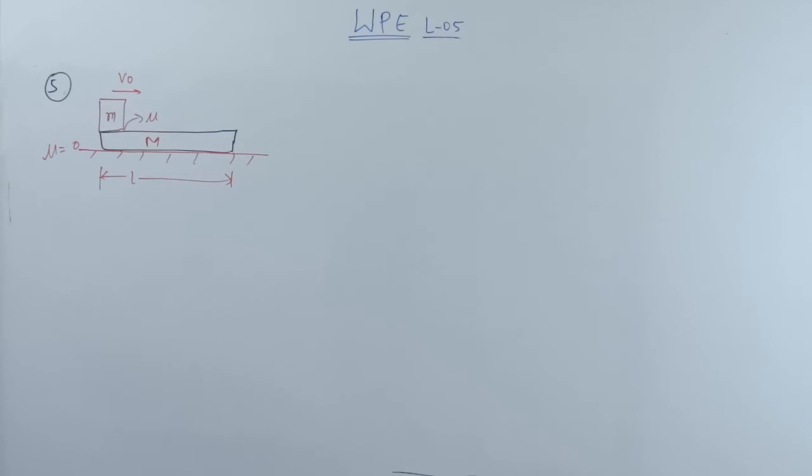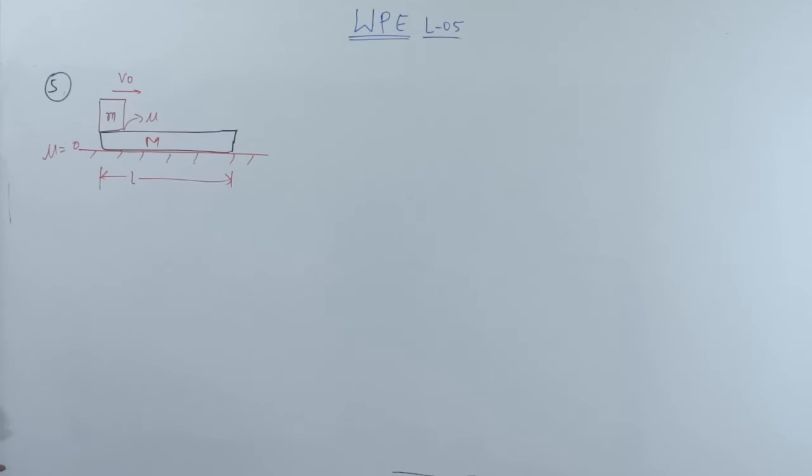Now let me read the question. A plank of mass M is kept on a smooth surface, and a small block of mass m is kept on the plank. The block is projected with velocity v naught from the left of the plank, with friction coefficient mu between the block and the plank.